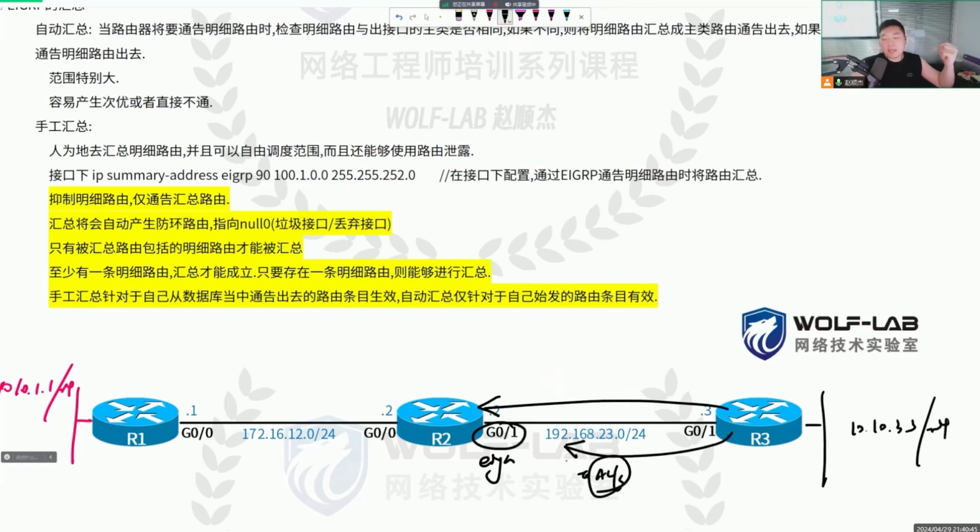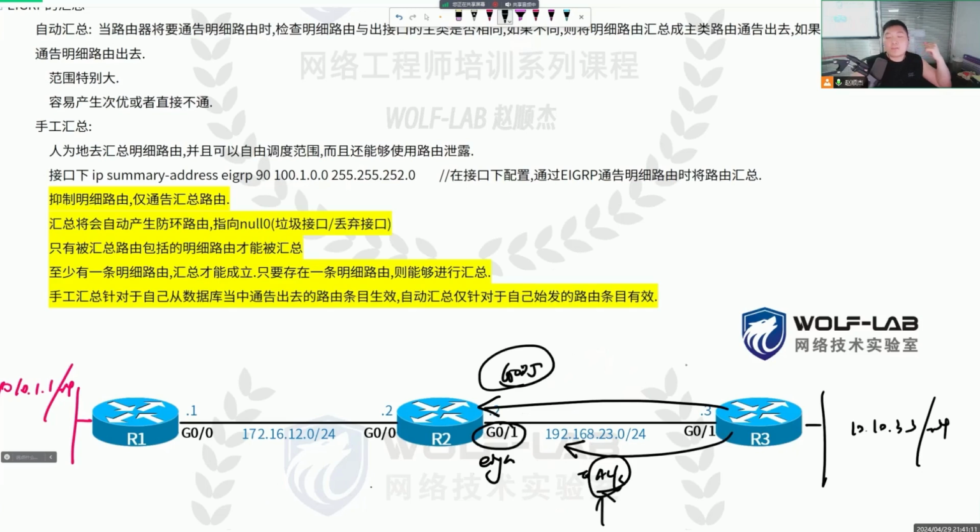Our purpose is to have R2 not receive R3's EIGRP ACK packet, so we change the hello time to 6,535. In this way, even if R2 does not receive R3's hello packet for a long time due to filtering, we will not disconnect the EIGRP neighbor relationship.